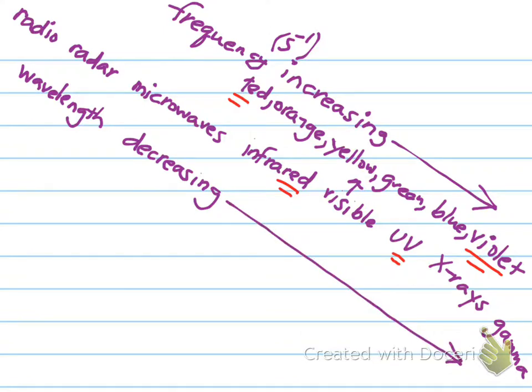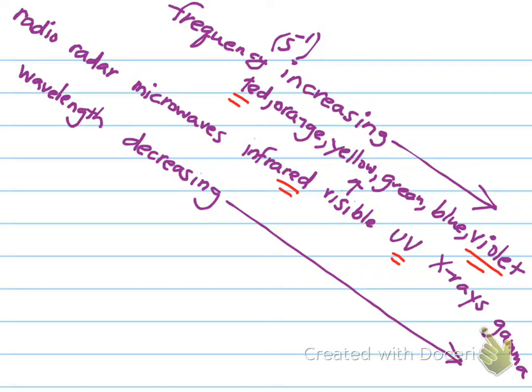So my longest wavelength are radio waves. My shortest wavelength are gamma rays. And that has to do with why ultraviolet, X-rays and gamma rays are more dangerous for you, and they do more damage to your cells.